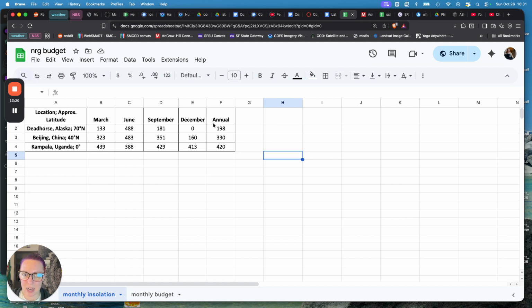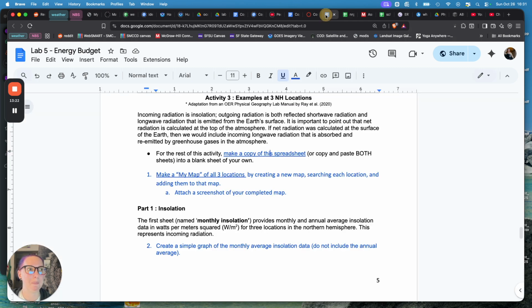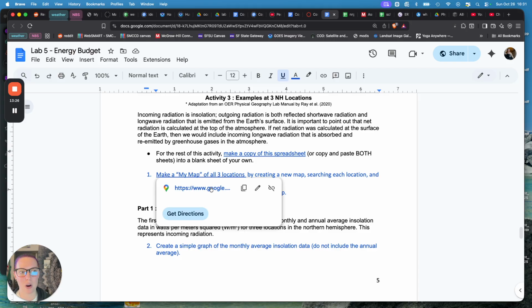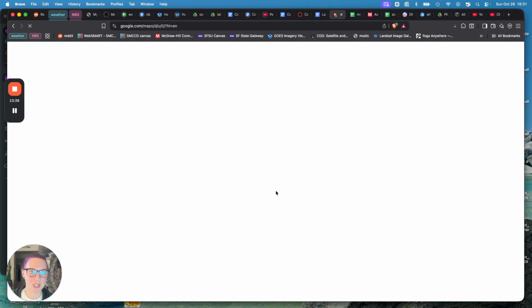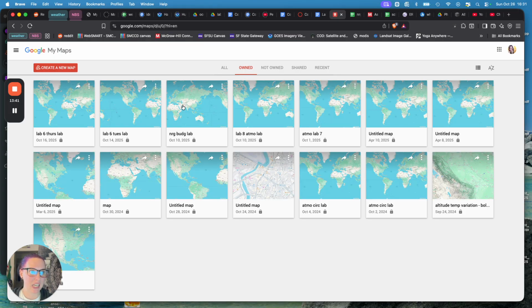Then from here, I ask you to actually map the locations first. So if you've never used MyMap before, it's really cool. I think I've shown you how to do this potentially in another lab, or if I'm thinking of another class, I apologize. But anyway, if you click on that link, you can go to Get Started, and essentially you are going to then search locations.